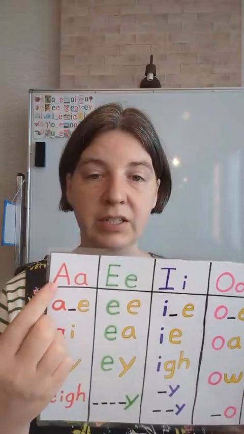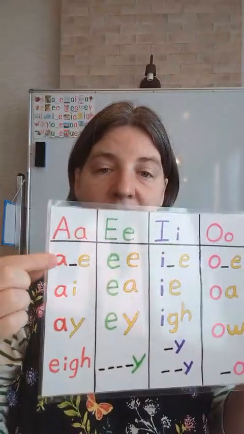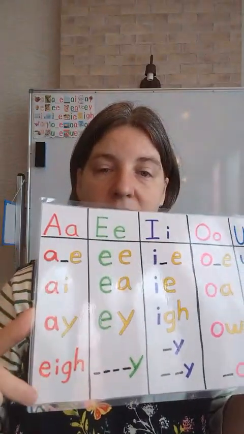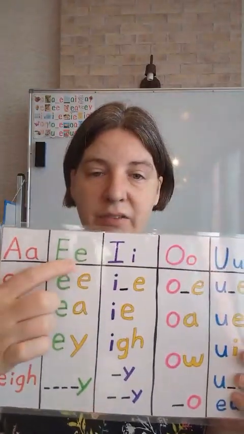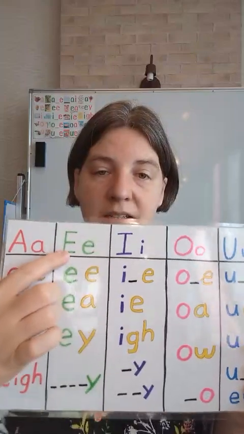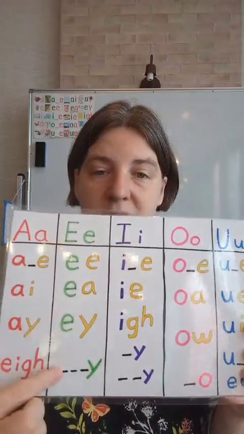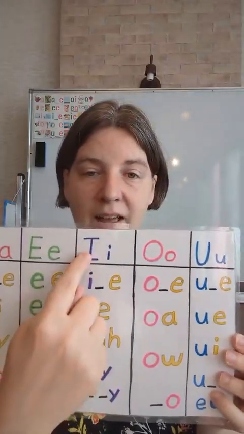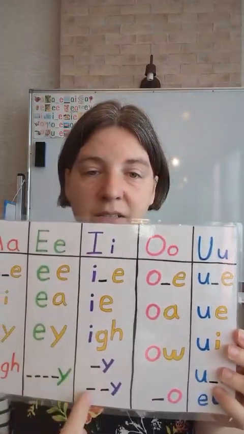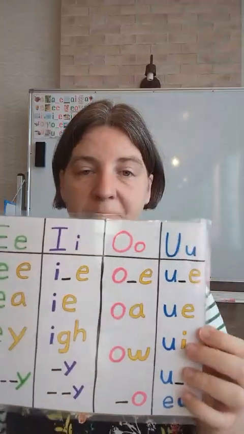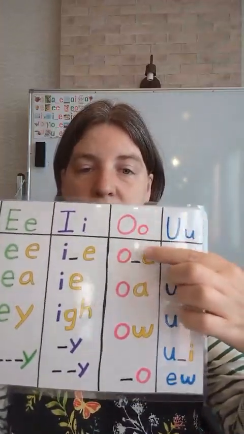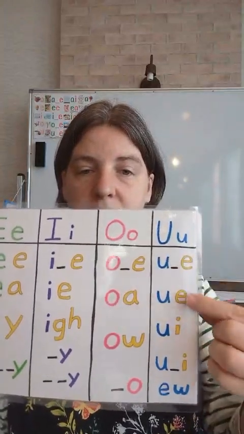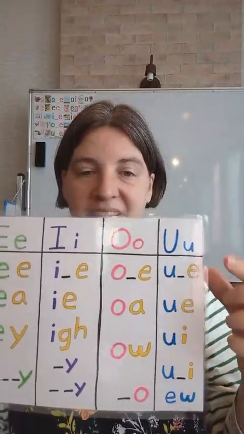So if the name of the letter is A, then those sounds are all going to be A. If the vowel name is E, all of those sounds are going to be E. If it is an I, the sound is the same, I. O is all the sound is O. U, all of these sounds are U.